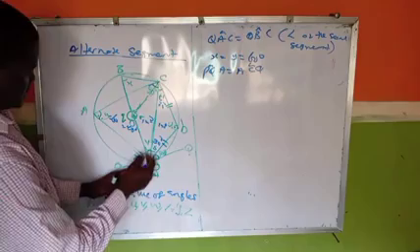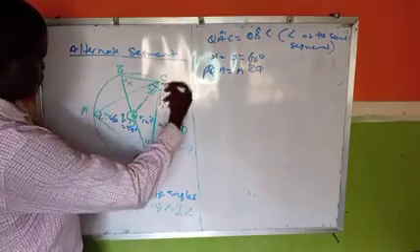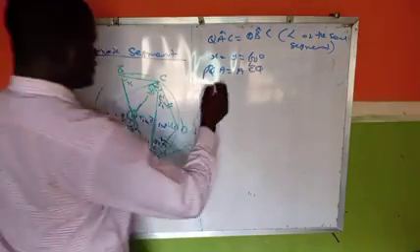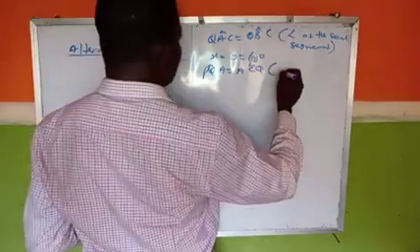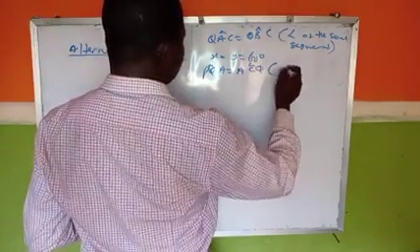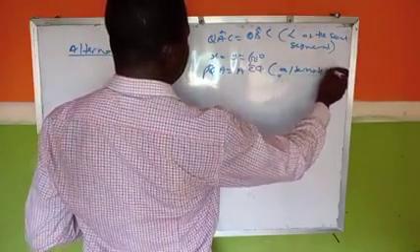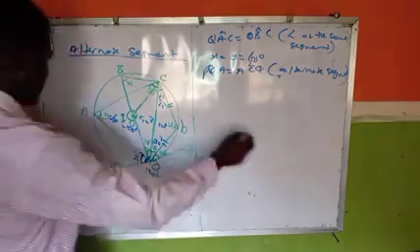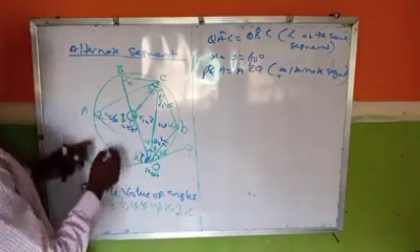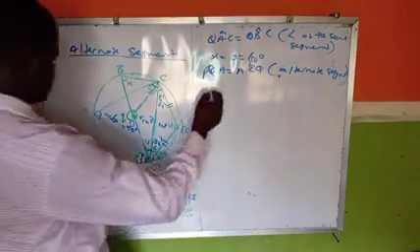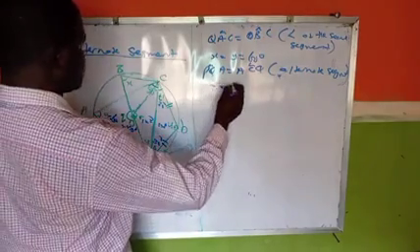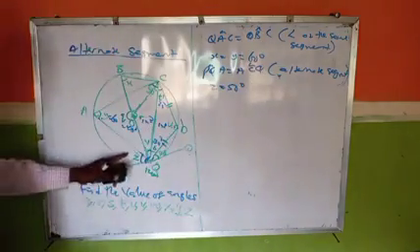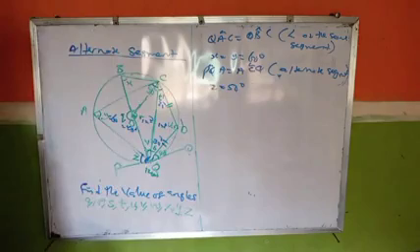Look, this is the chord. This angle subtended here is 50, so this is Z. So you simply say alternate segment. That is it. So angle Z equals 50 degrees. So we are going towards it.